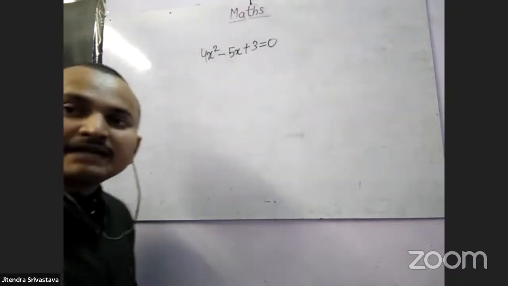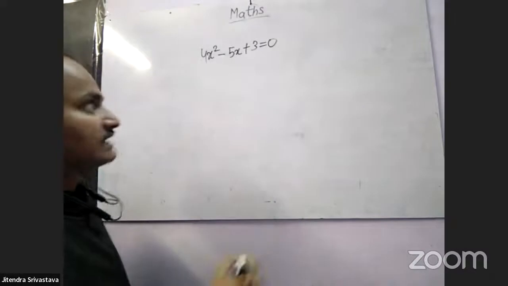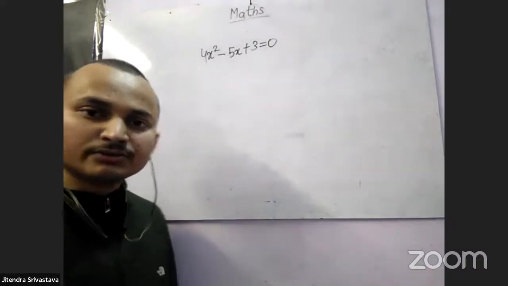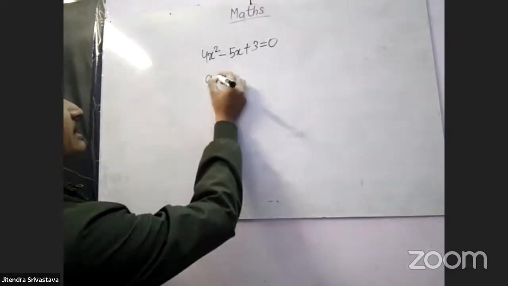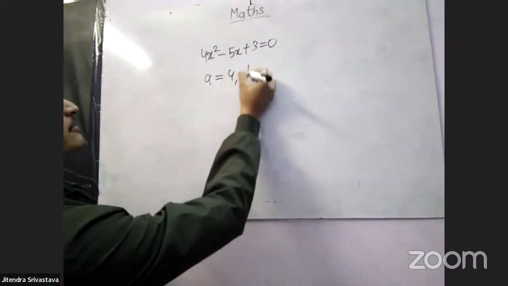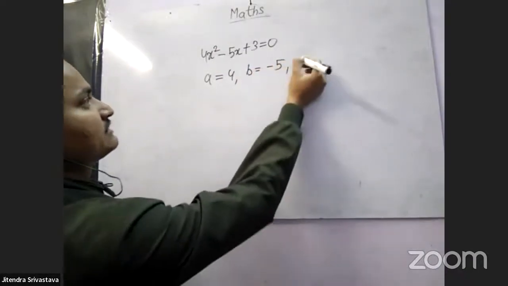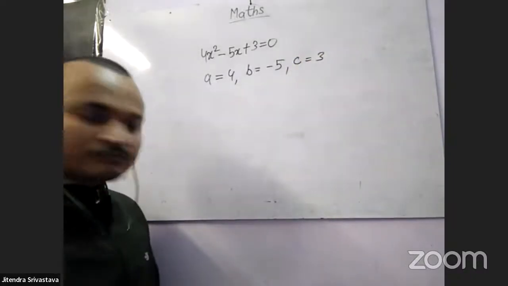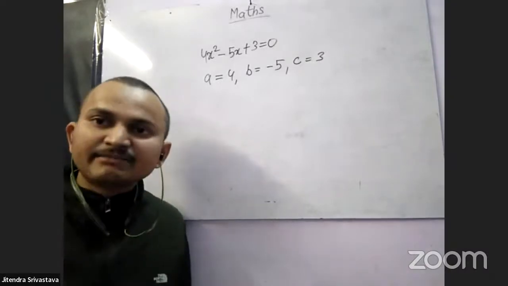And for that, we have to compare it with the standard form of quadratic equation. The standard form of quadratic equation was ax square plus bx plus c equals to 0. So by comparing that, we will get value of a will be 4, value of b will be minus 5, and value of c will be 3. Okay. Now we have to find the value of discriminant here.